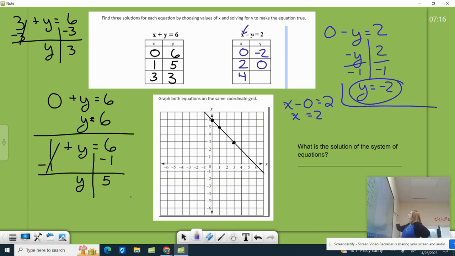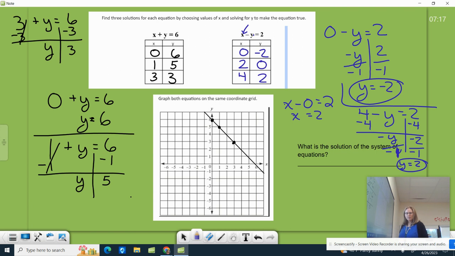I will come over here. How about 4 minus y? I'm putting 4 in for x, equals 2. Subtract 4, subtract 4. Bring down my negative y. 2 minus 4 is negative 2. I need to divide by negative 1, divide by negative 1. So positive y is going to equal 2.